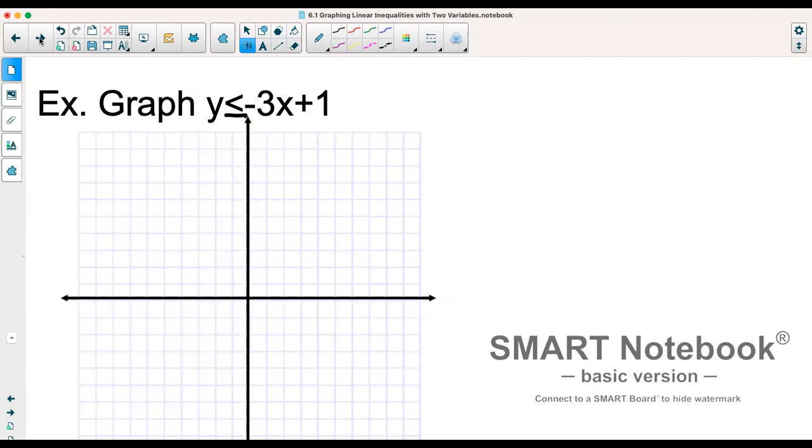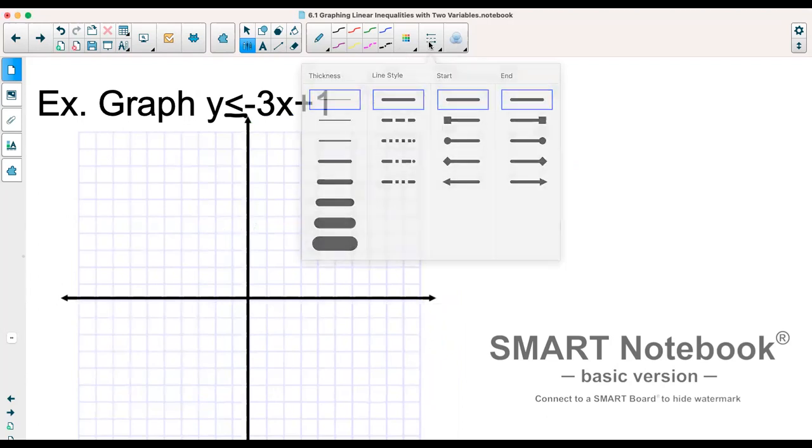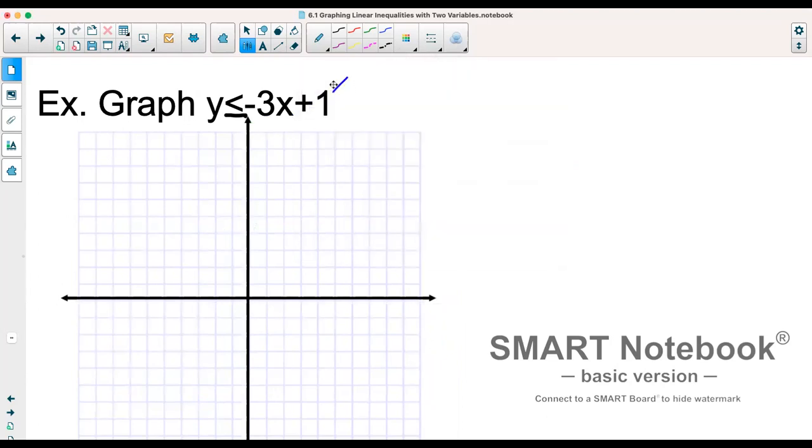Okay, next graph. We're graphing y is less than or equal to negative 3x plus 1. Once again, we'll start with our y-intercept of positive 1. We have a slope that's negative 3, so that's negative 3 over 1, which is down 3, right 1.